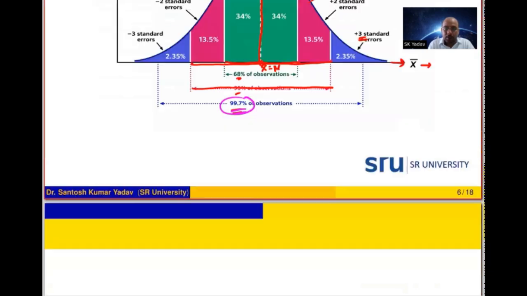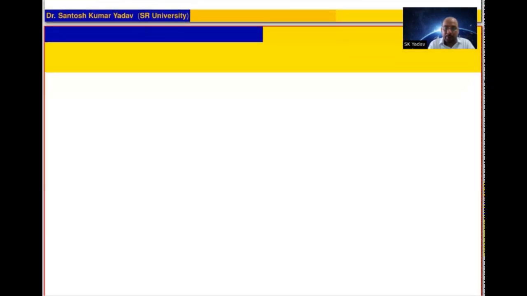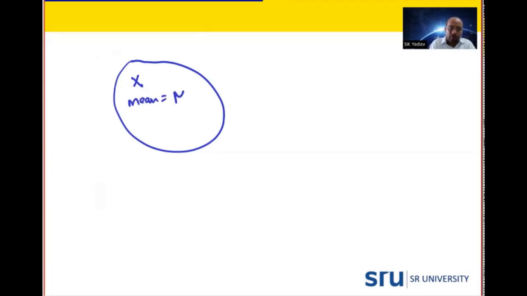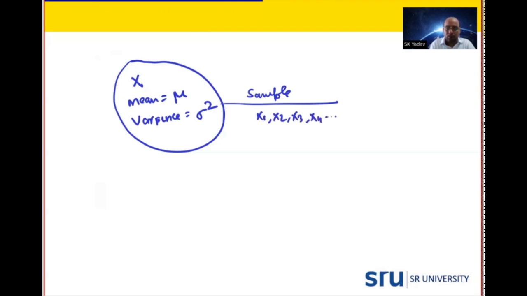Now let us understand what we have covered so far, and then we'll move to a very important theorem. So we have seen that we have a population here, and it has the parameters mean mu and variance sigma square, and we have drawn a sample from this population, which is x1, x2, x3, x4, and so on up to xn.